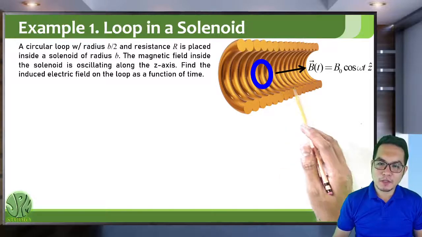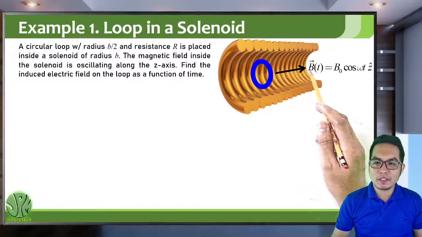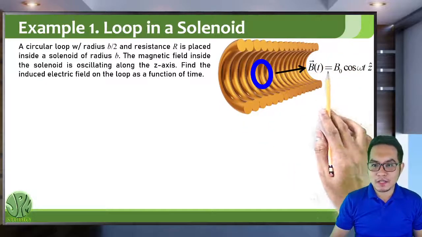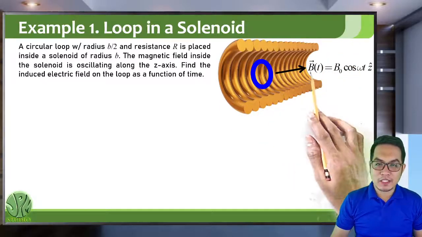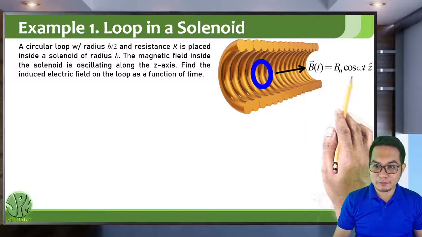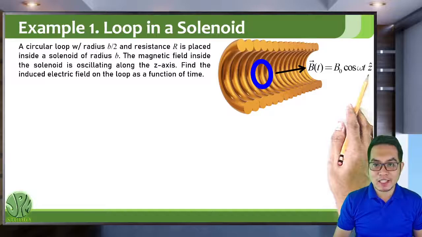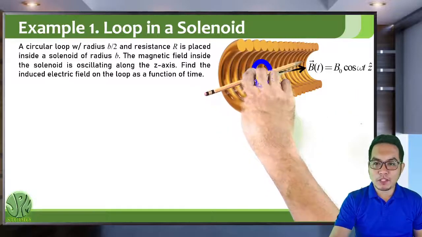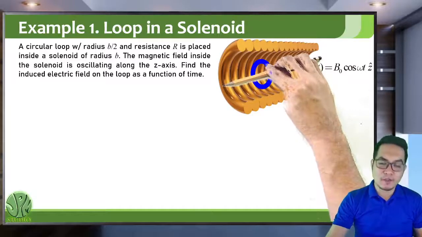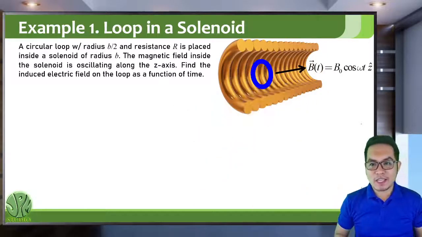I just put the direction of the magnetic field in this direction, but it could actually be in the opposite direction, because since our current is alternating, our magnetic field will also alternate along the z-hat axis. At one point, it will be along the positive z-axis. At another time, it will be along the negative z-axis. So it's oscillating along the z-axis.